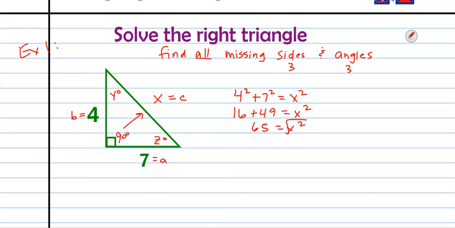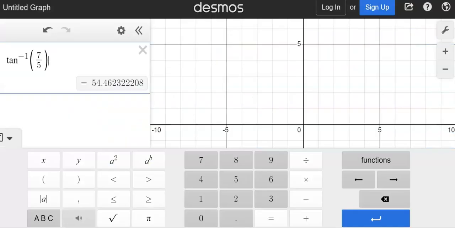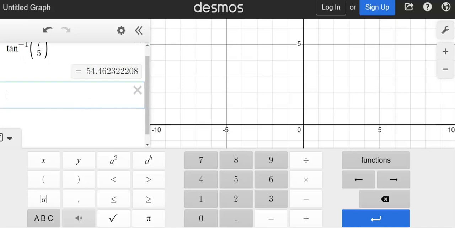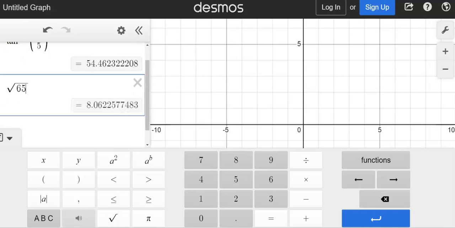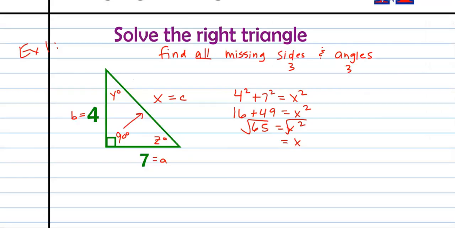And then the last step would be to take the square root of 65. And I'm going to hop over to Desmos again. Get a new line. Square root of 65 is about 8.06. And then I'm going to fill that into the triangle.